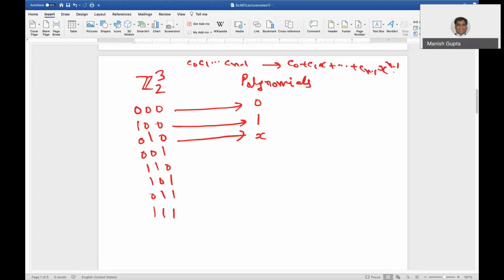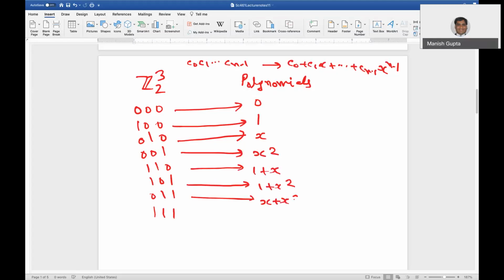We are just applying this formula here. This goes to x squared, this goes to 1 plus x, this goes to 1 plus x squared, this goes to x plus x squared, and this goes to 1 plus x plus x squared.